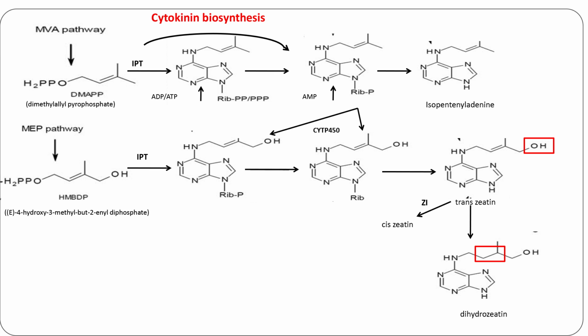Another cytokinin, zeatin, is synthesized in two ways, either by hydroxylation of the isopentyl group on adenine ribonucleotides by cytochrome P450 monooxygenases, or by directly adding the hydroxylated side chain by IPT. Zeatin mainly exists as a trans isomer, but in some plants, the cis isomer is formed by zeatin isomerase. Zeatin also exists in the reduced form as dihydrozeatin.